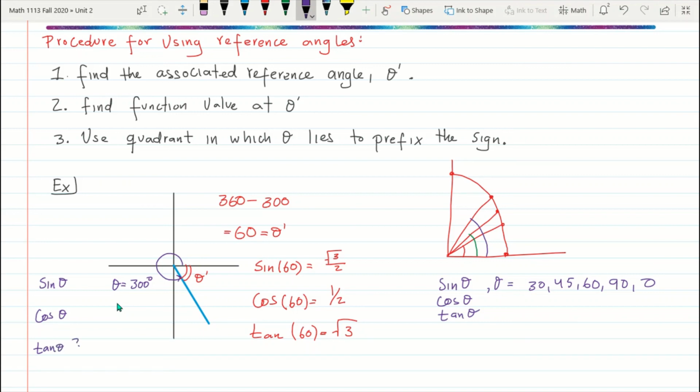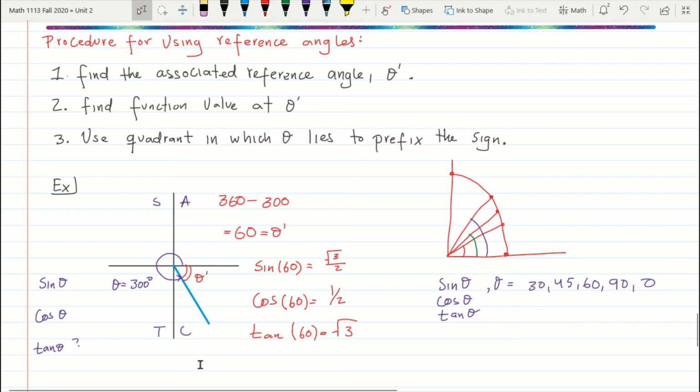So remember, All Students Take Calculus, or A Smart Trig Class, however you remember this. But look at where theta is. Theta is in the 4th quadrant. Therefore, cosine is the only one that is going to be positive.